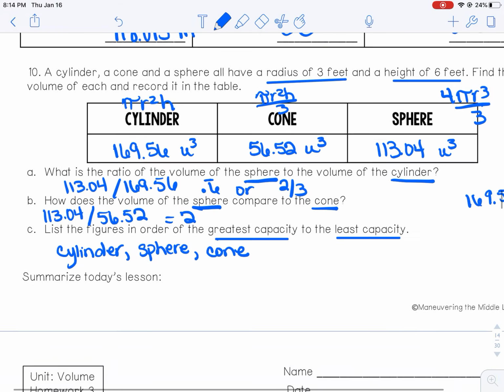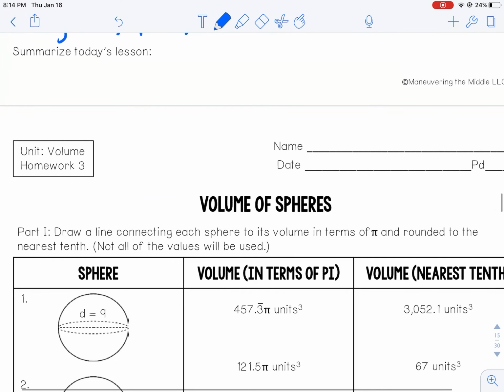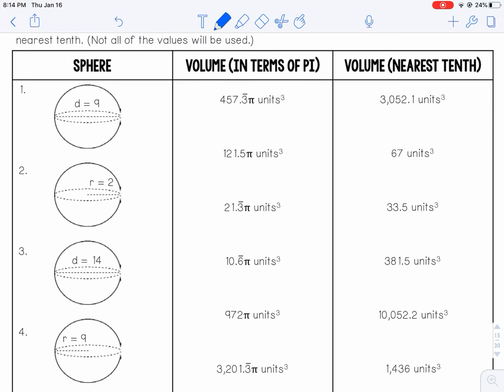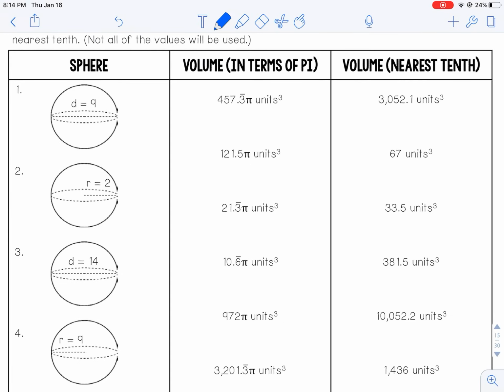Okay, now I do want to take you over to the homework. Make sure that you're okay with it. So we have some work where we're going to find your volume in terms of pi and find your volume to the nearest tenth. So let me show you how I want you to do number 1. We've got our diameter of 9, but we need the radius, and the radius is going to be half of that, which is 4.5.